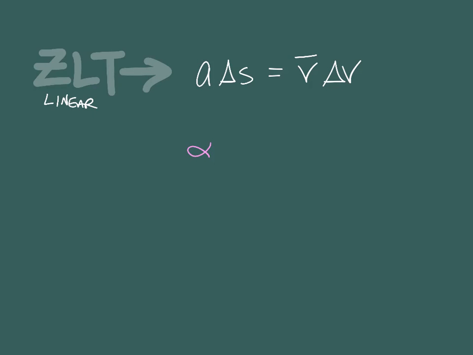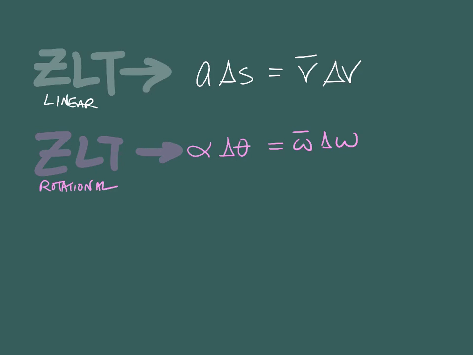Instead of linear displacement, it's going to be angular displacement, delta theta. And instead of the average speed and change in speed, it's going to be average angular speed, and the change in that. So that's the ZLT, but the rotational version of it, or circular you might call it.